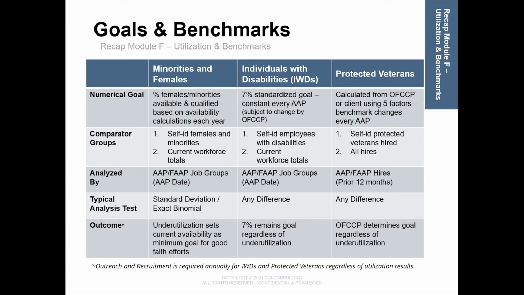And then the new goal moving forward for your next 12 months will be the new goal that's looked up on the OFCCP website. It could be lower, it could be higher, it could be the same. So if it is lower, say 5.7, then the next 12 months moving forward, it would be the 5.7%. One thing to note is outreach and recruitment is required annually for individuals with disabilities and protected veterans, regardless of any utilization results.